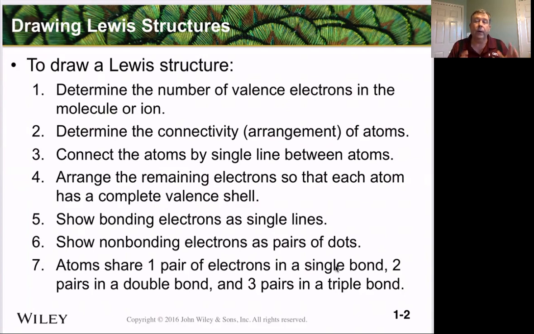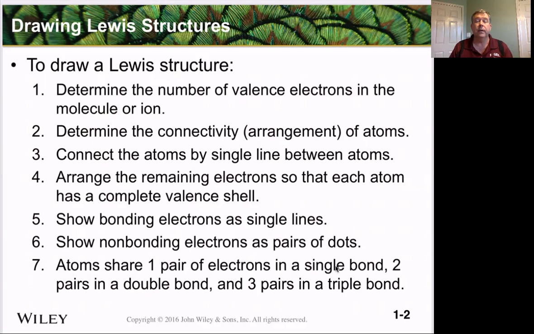Then we show which bonding electrons are there as single lines, making sure that those are 2 electrons. We show all of our non-bonding electrons as lone pairs, or 2 dots. Those non-bonding ones are the ones that aren't shared but are required to have the full number of valence electrons.